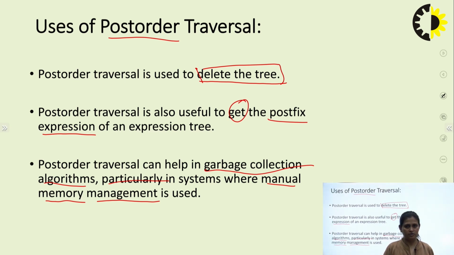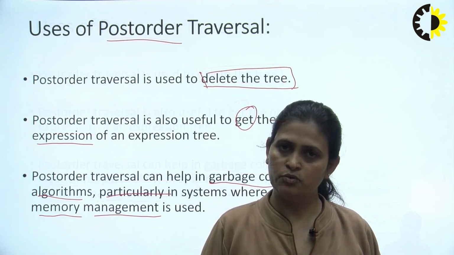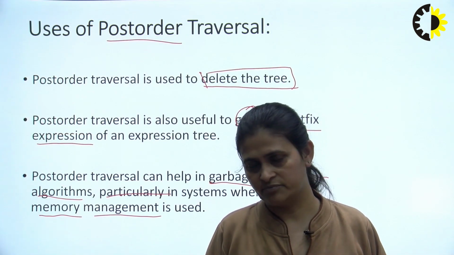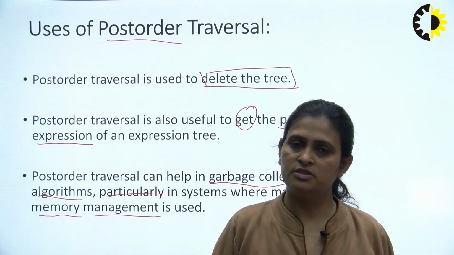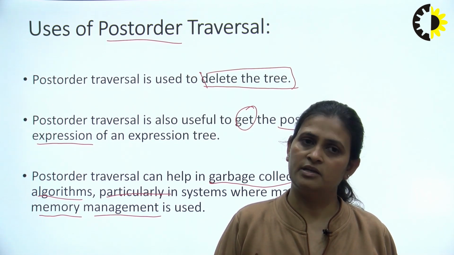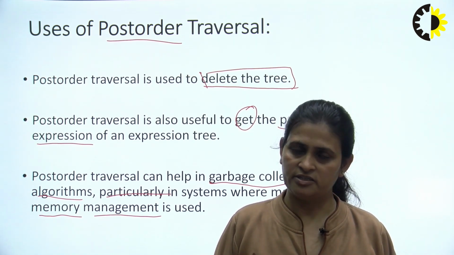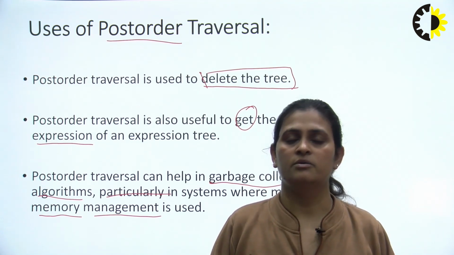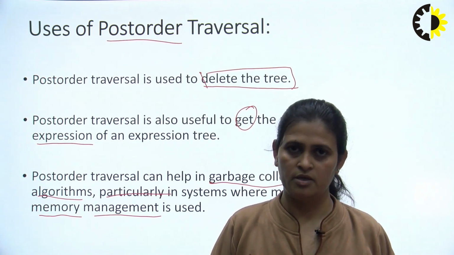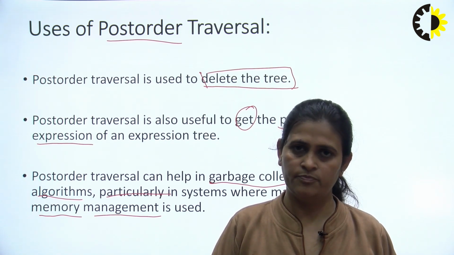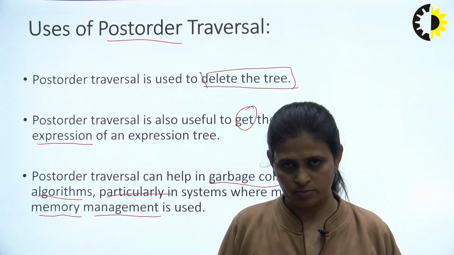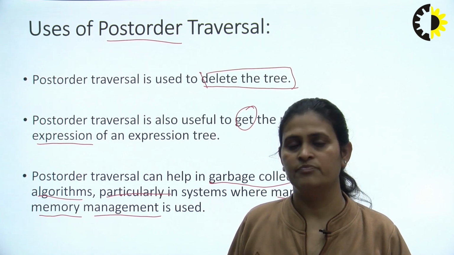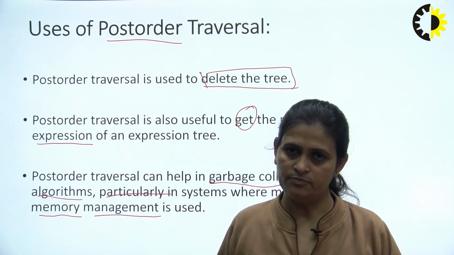In the preorder algorithm, we first visit the root, then the left subtree and the right subtree. In a post order traversal, first we visit the left subtree, then the right subtree, and at last the root of the tree. In order traversal, first we visit the left subtree, then the root of the tree, and at last the right subtree of the tree.